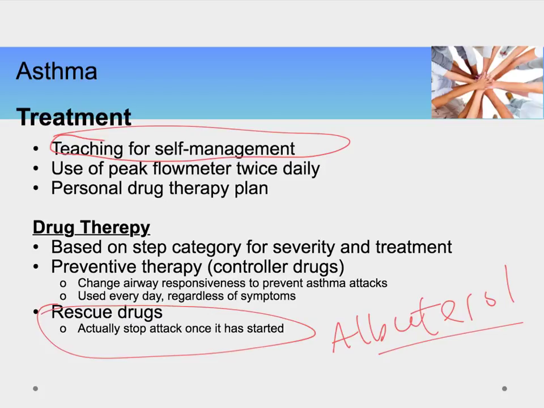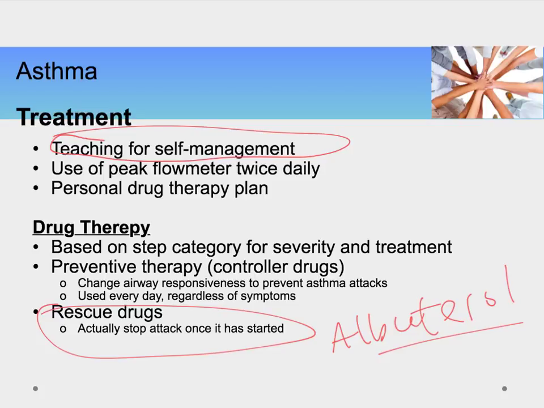Your book has a good table that helps you differentiate between the long-acting and short-acting bronchodilators. And it seems like every day they're coming out with a new inhaler because we're getting really good at producing these maintenance drug inhalers for patients with asthma and COPD.